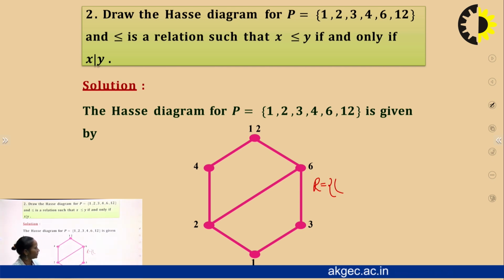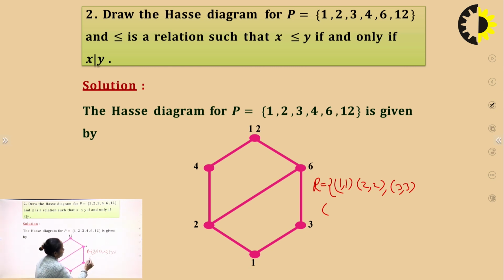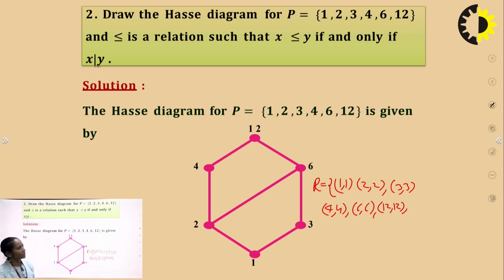Then the reflexive relation, because 1 can divide 1, 2 can divide 2, 3 can divide 3, and so on up to 12. So the relation members are 1, 1, 2, 2, 3, 3, 4, 4, 6, 6, 12, 12.